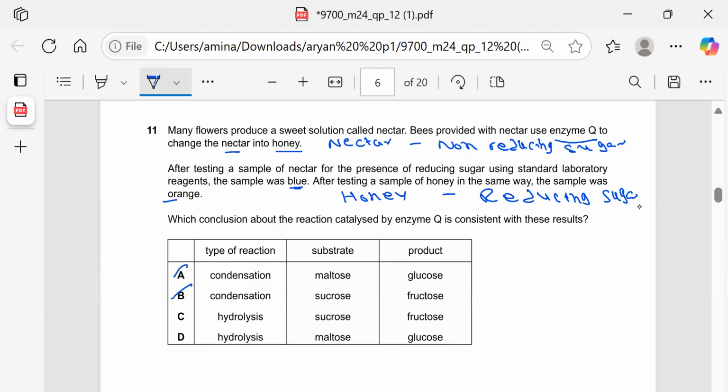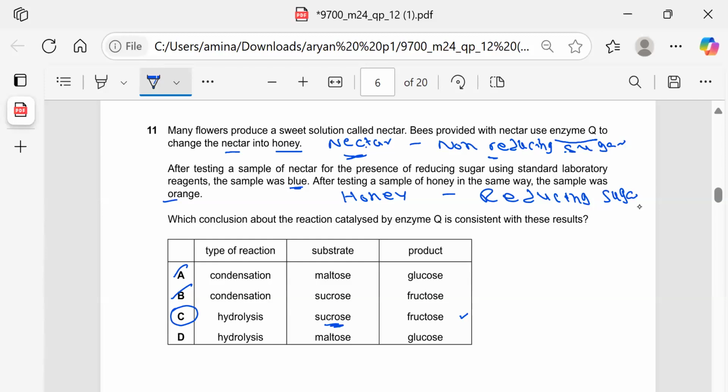I'm left with the choices hydrolysis, C and D. Now, as we have already mentioned, nectar carries non-reducing sugar, so yes, sucrose it is carrying, and the product is carrying fructose, which is a reducing sugar. So we have identified already that nectar was carrying sucrose because sucrose is the only non-reducing sugar.